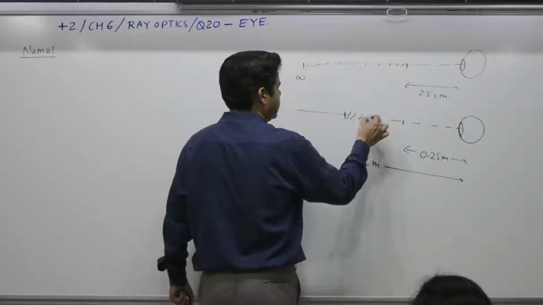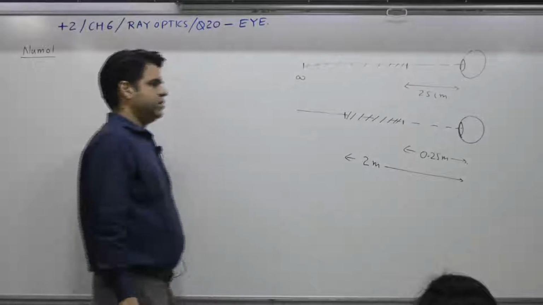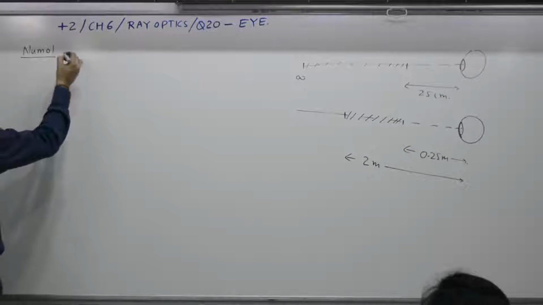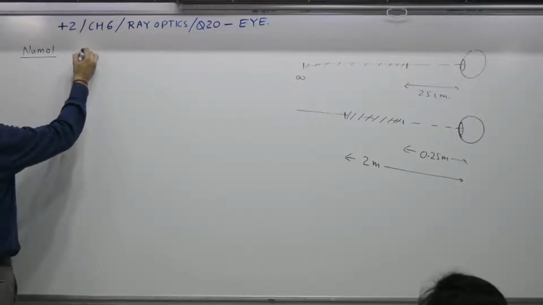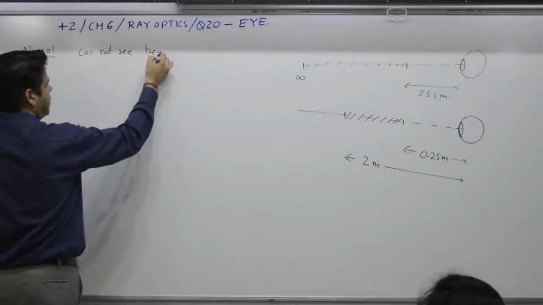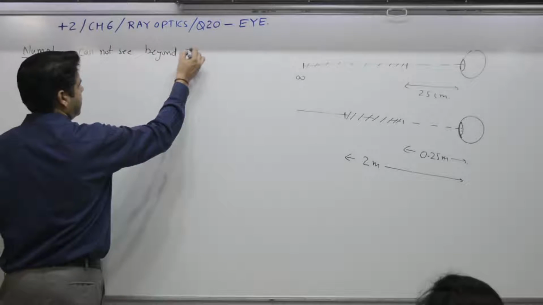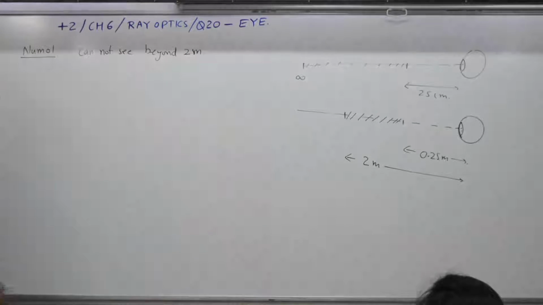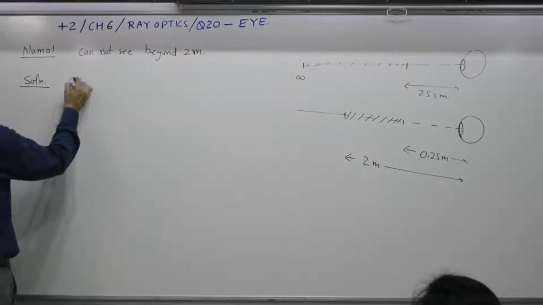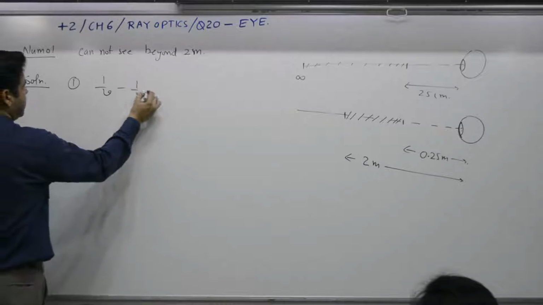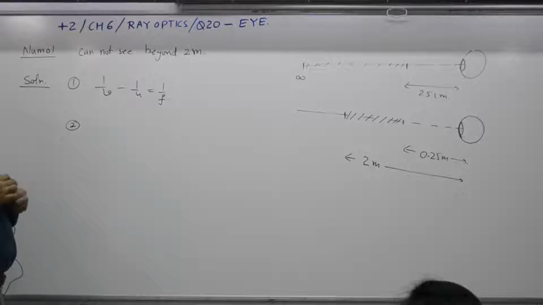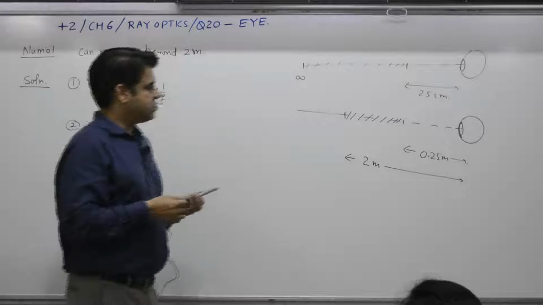This eye can see only 0.25 to 2 meters. We have to find out the lens. Concept: 1 by V minus 1 by U is equal to 1 by F. What is the value for U and V? Where to place the object?